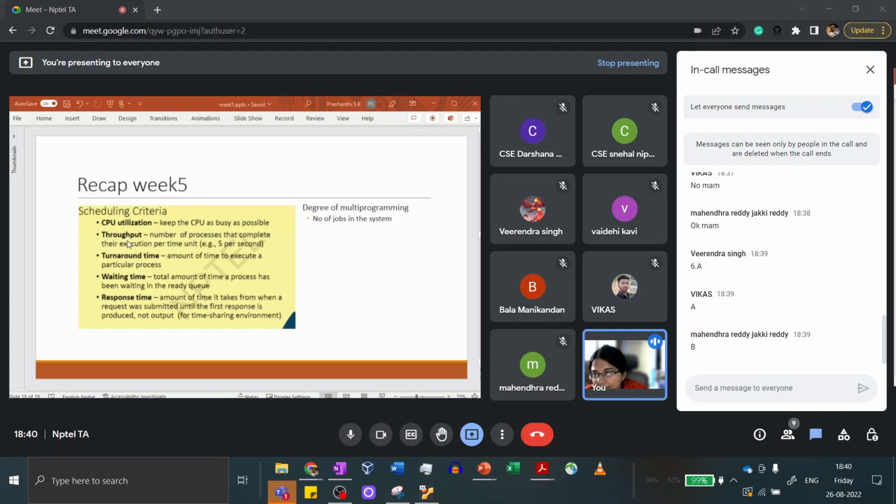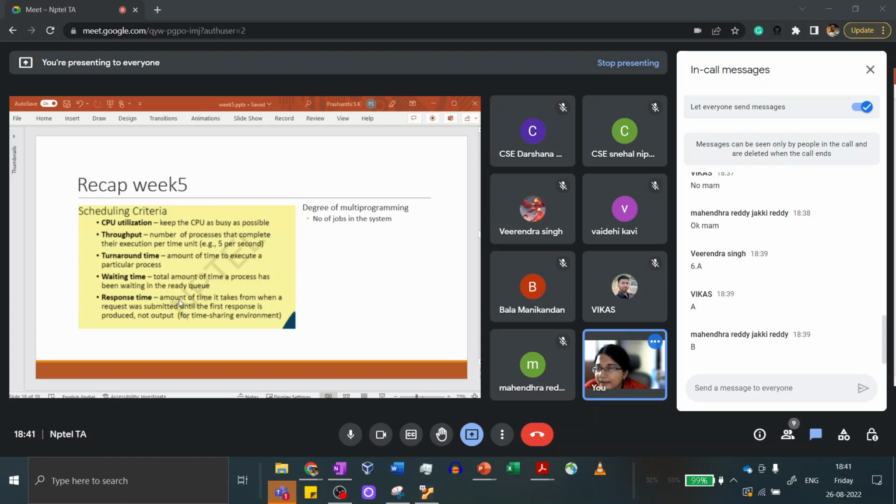Another criterion that you have is throughput, the number of processes that complete their execution per time unit. So how fast are processes able to complete their execution? Turnaround time is the amount of time to execute a particular process, whereas waiting time is, like we saw in the previous question, the amount of time for which the process has been waiting in a queue before it even starts execution.